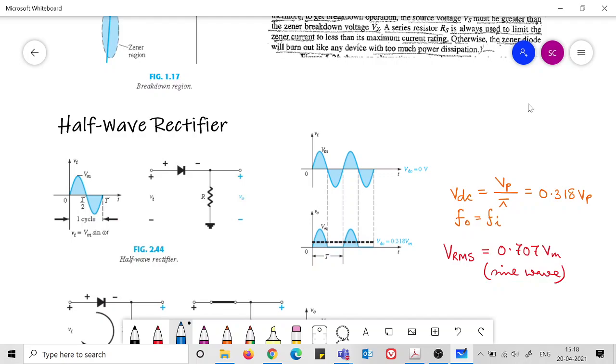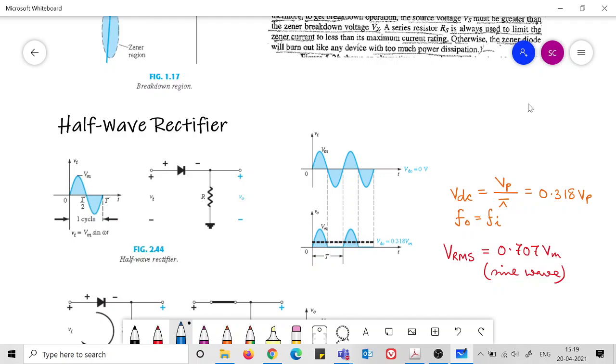So what is a half-wave rectifier? Now you look into the diagram. The half-wave rectifier is like this. There is an input voltage this side, and it passes through a diode, and there is a load resistance. A very simple circuit, a simple diode and a resistance. I think we had analyzed this circuit only, but there was a DC voltage here that time.